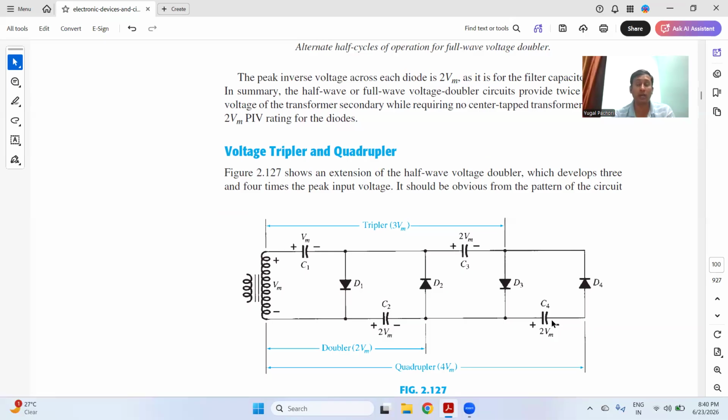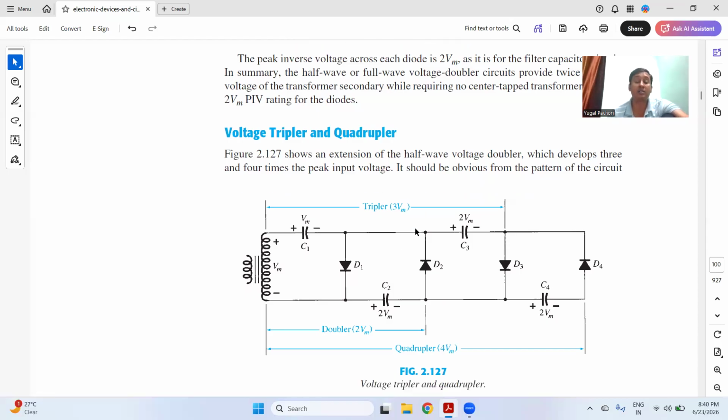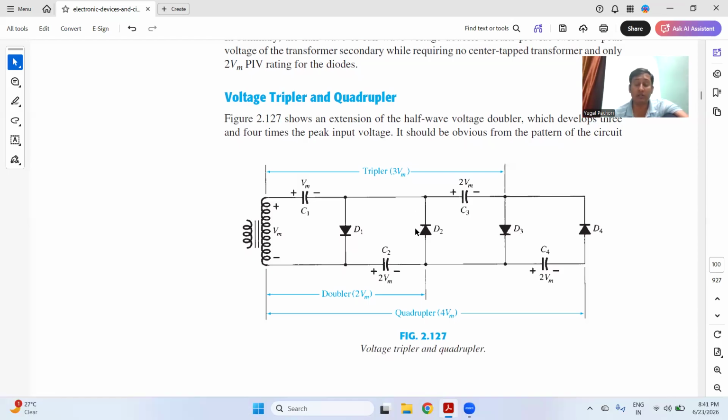Likewise, if you want to multiply n times, you need n capacitors and n diodes. I have already read this book, not thoroughly, but I tried to, so I have the intuition. But even if you have not seen the circuit, you can intuitively design these circuits from a basic understanding of the voltage doubler circuit.